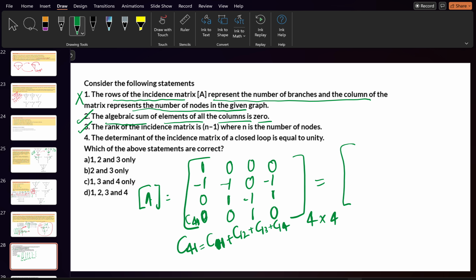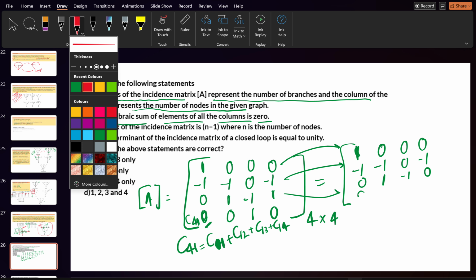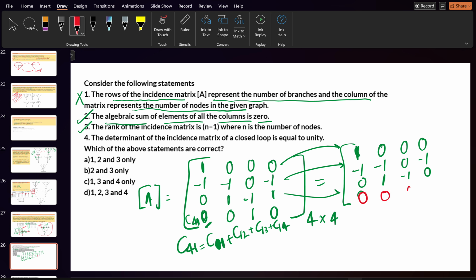You can represent a particular column with the summation of those elements as well. That's why it can be said that this is 1, this is 0, this is 0, this is 0, minus 1, minus 1, 0, minus 1 of this matrix. Similarly, I am representing the rows: 0, 1, minus 1, 0. And the last column will be equal to 0.